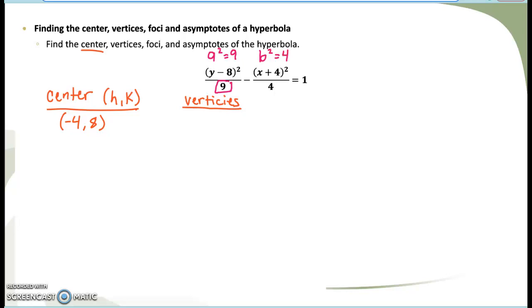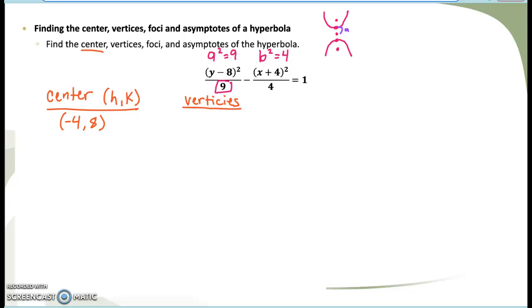This a squared being over the y tells us the hyperbola is going to open up and down. We're worried about the y's. From the center point, my vertices are going to be a distance of a away from the center.